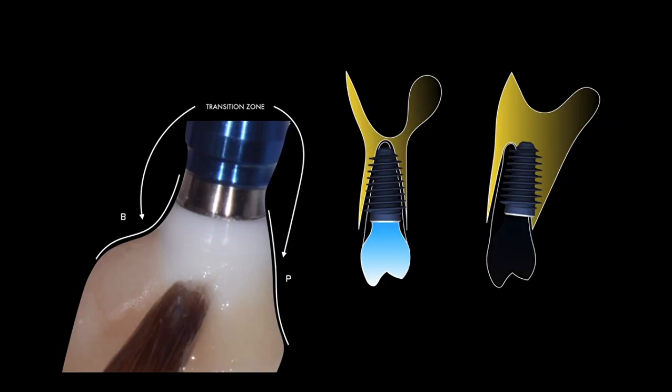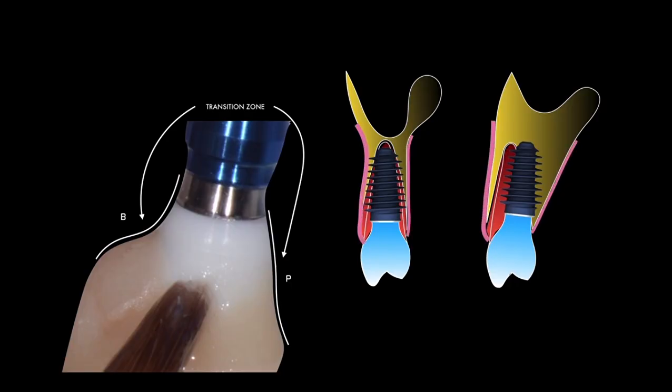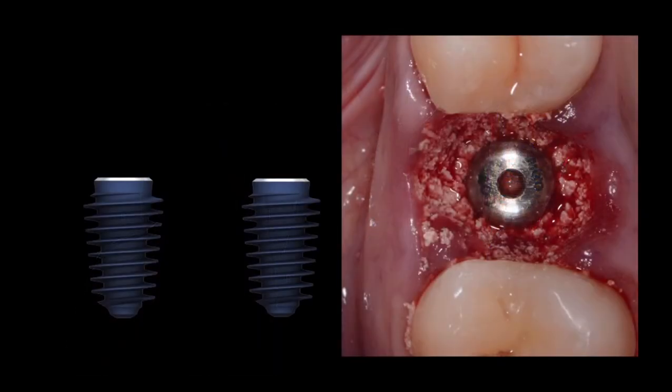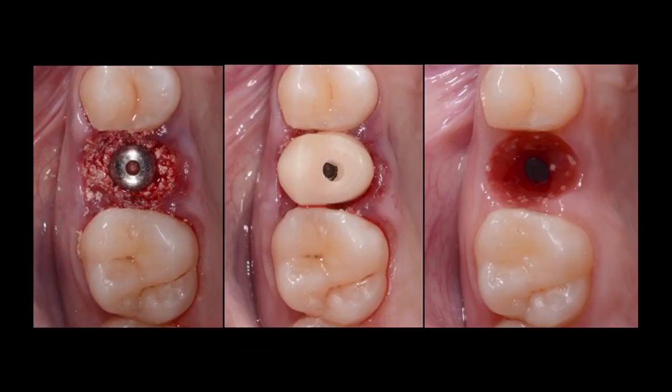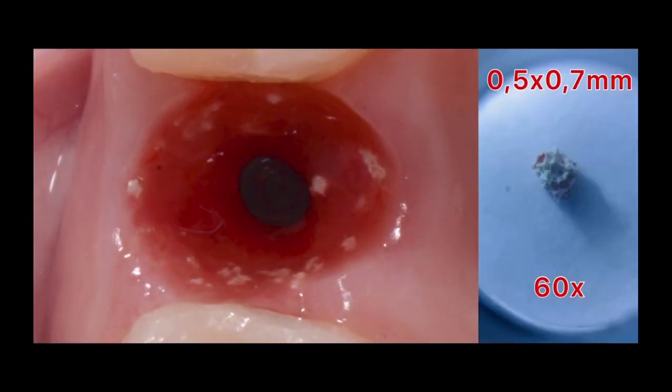If my implant is placed more palatal, I will need to create a completely different transition zone in order to host my blood clot or my graft, and also preserve the original tissues. So that's what we did. Instead of using healing abutments that can be straight or expanded, we used basically that crown, and that allowed us to have a beautiful emergence profile.